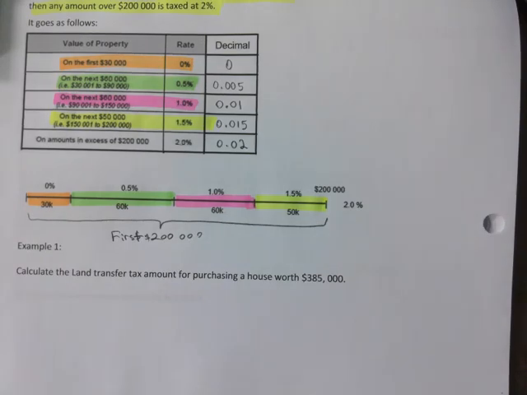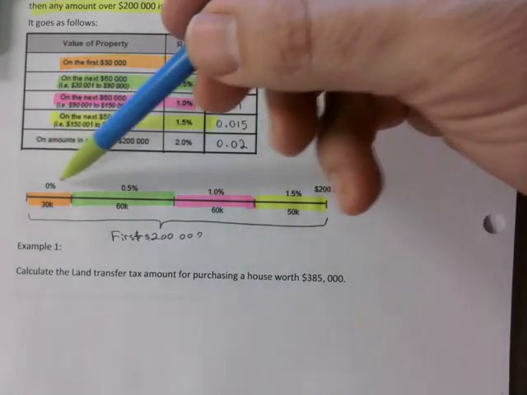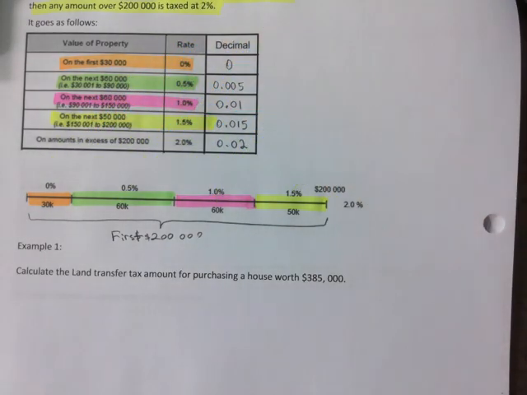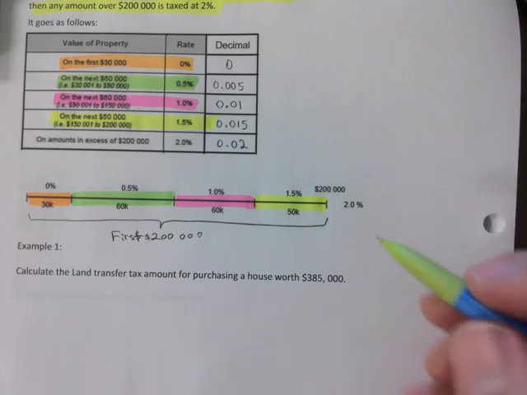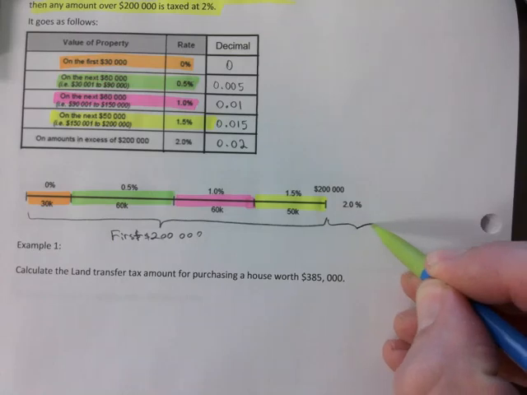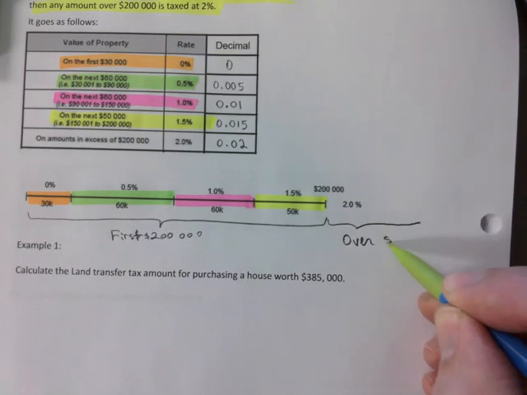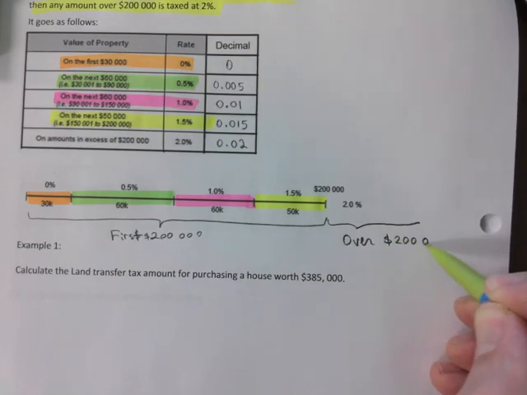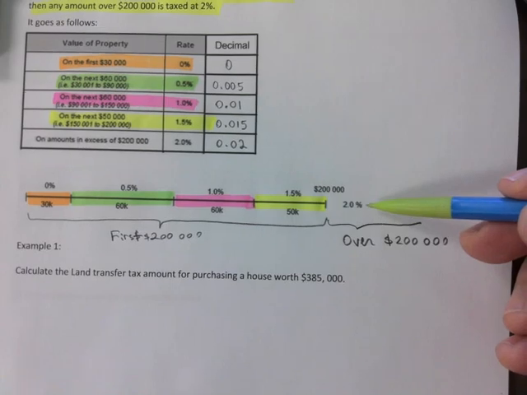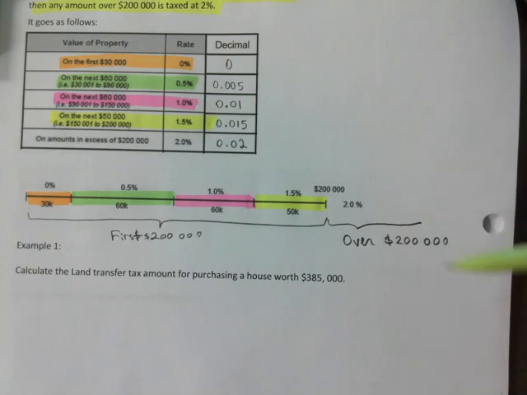It's not one flat percentage. Every chunk of the first 200,000 gets a certain amount. And then anything that's over 200,000 is just a flat 2%. Okay? So that's how this goes.